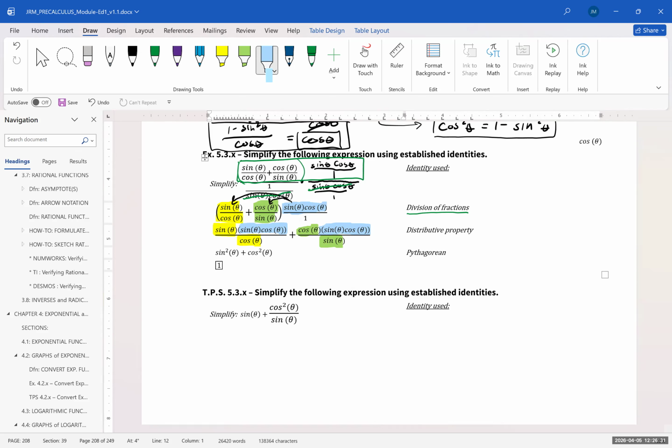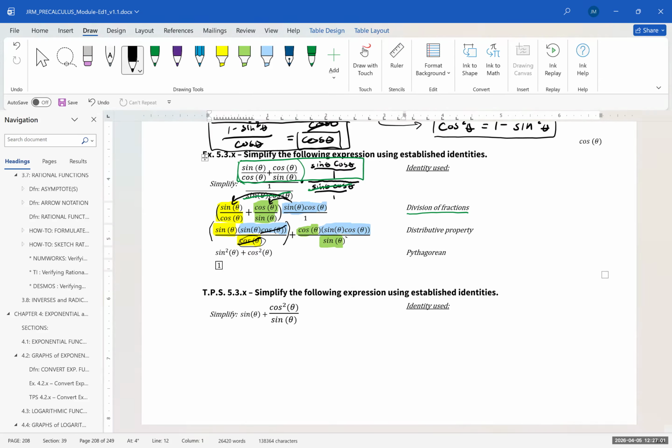Well, what do you gain by doing that? Well, if we look at this term right here, you'll notice that cosine theta now cancels with cosine theta. So we no longer have a denominator. We've been able to cancel the denominator with a like term in the numerator.